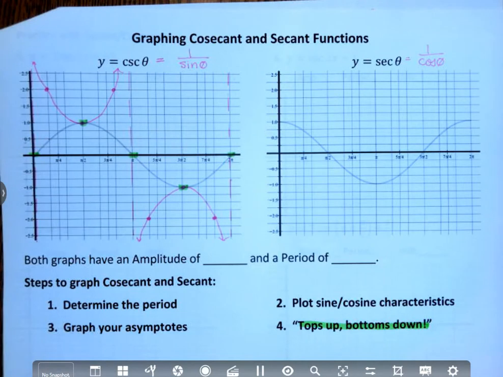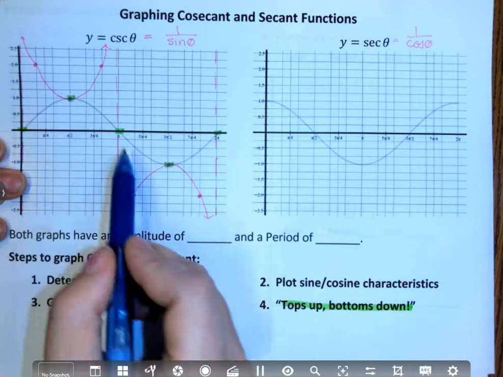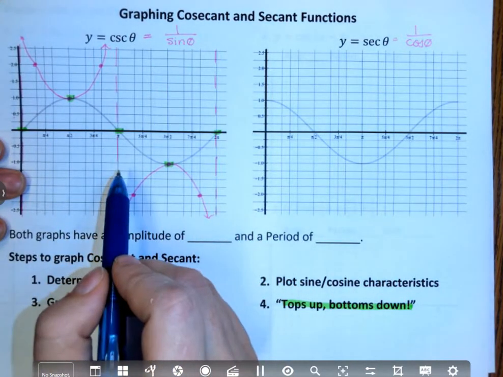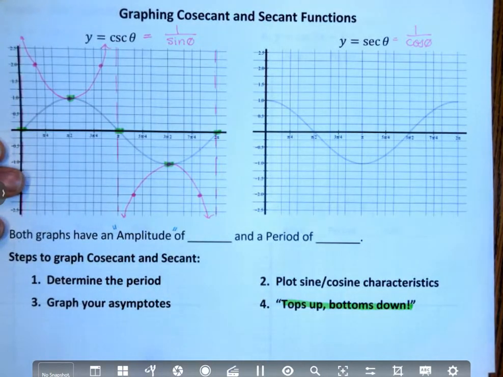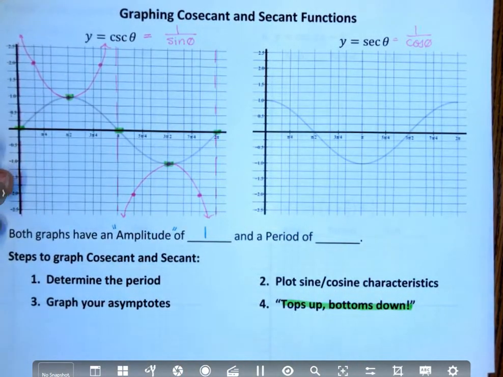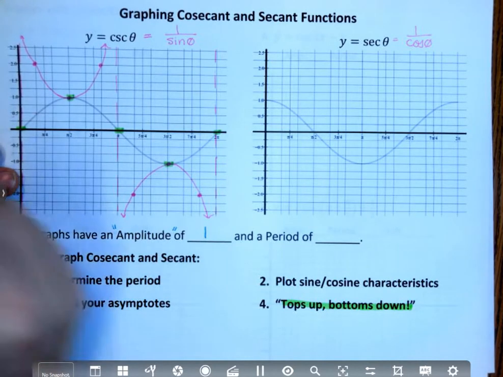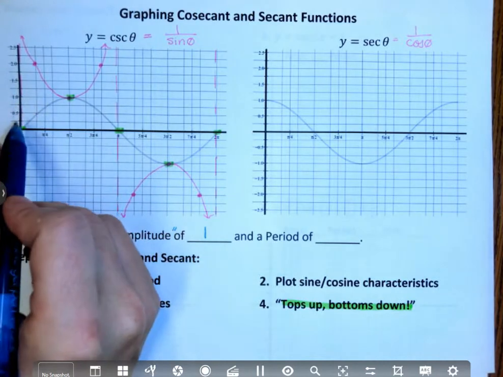So that means whatever characteristics we had for the sine and cosine, we have those same characteristics for cosecant and secant. What did the sine graph have an amplitude of? 1. This isn't really an amplitude anymore, but it is a guideline here, and that value is still going to be 1, whatever the number out in front is. What is the period length for the sine graph? 2 pi.